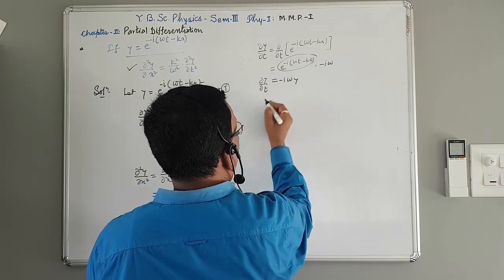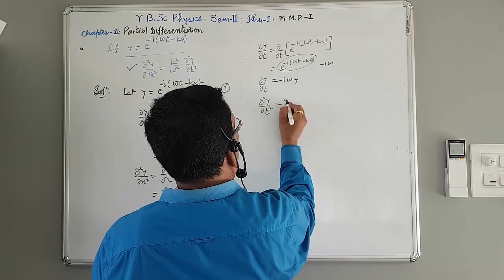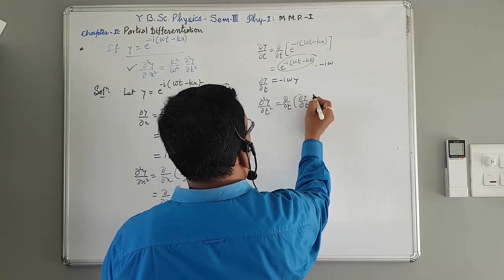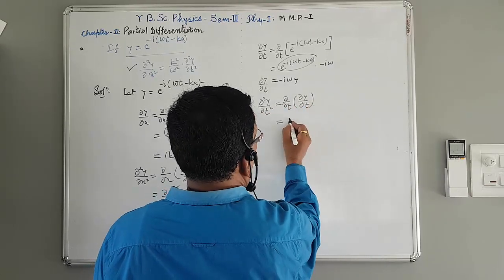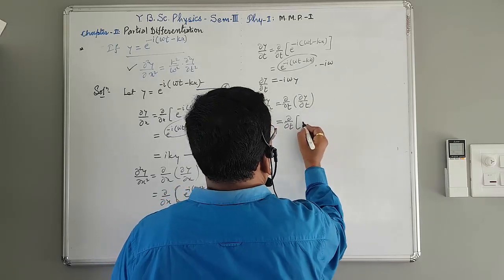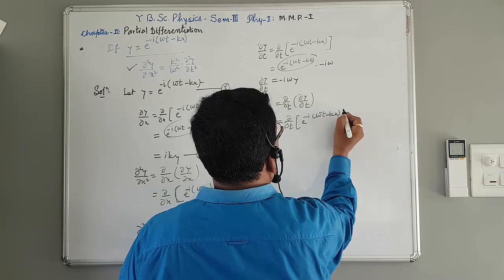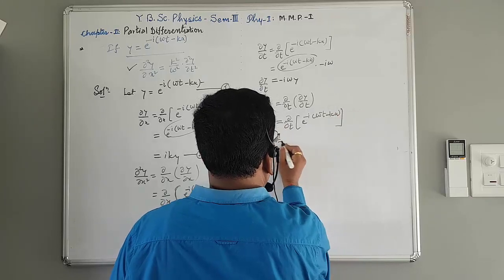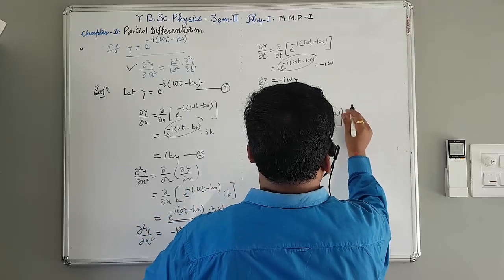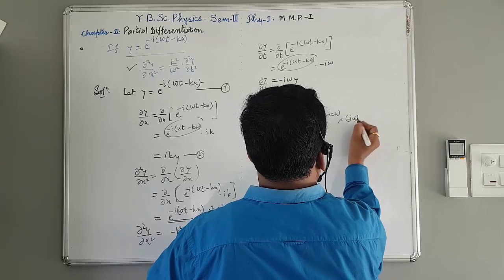Again differentiate this with respect to t, we have ∂²y/∂t² is nothing but ∂/∂t of ∂y/∂t. Put the value of ∂y/∂t from this equation, e^(−(iωt − kx)) into −iω.